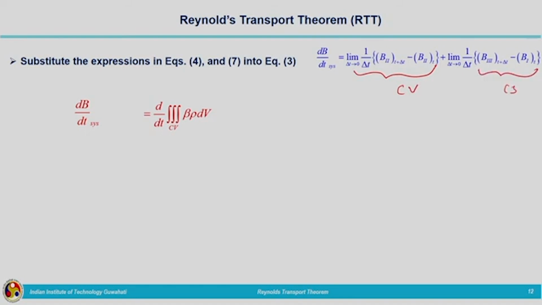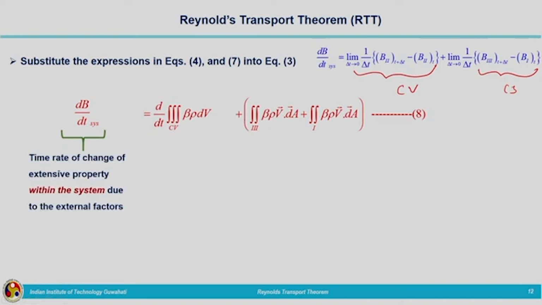We have separate expressions for these two terms that we are going to substitute in equation 3, that is dB by dt of system is equal to d by dt of beta rho dV within the control volume plus beta rho V dot dA corresponding to region 3 and region 1, that is corresponding to the control surface. So, this is dB by dt of system. It is the time rate of change of extensive property within the system due to some external factor that we do not know what is creating this change.